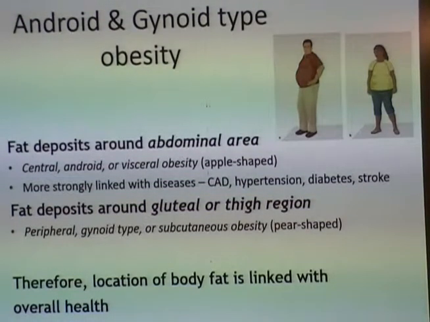So we're always looking, the waist should be smaller or equal to the hips, depending on whether I'm male or female. If the waist girth is larger than the hips, then your risk is much higher.